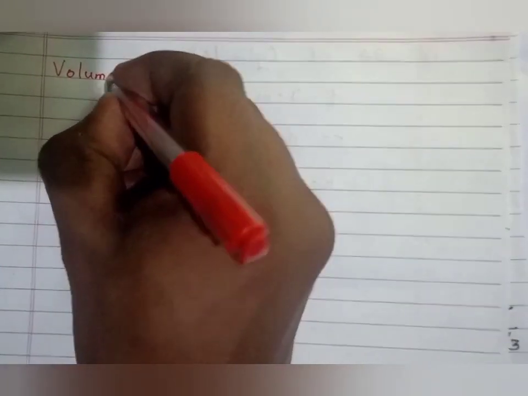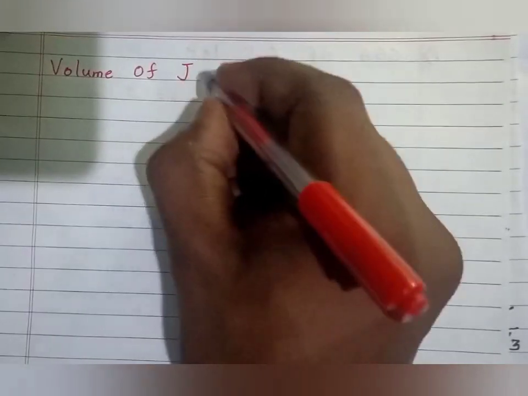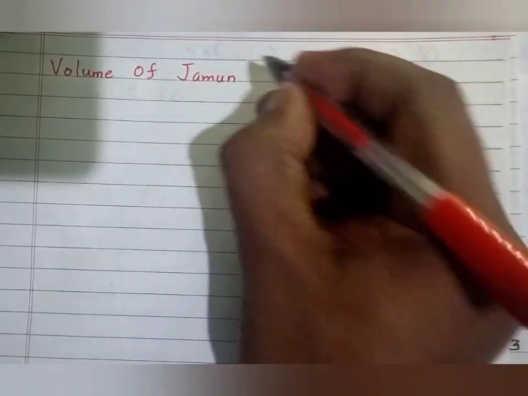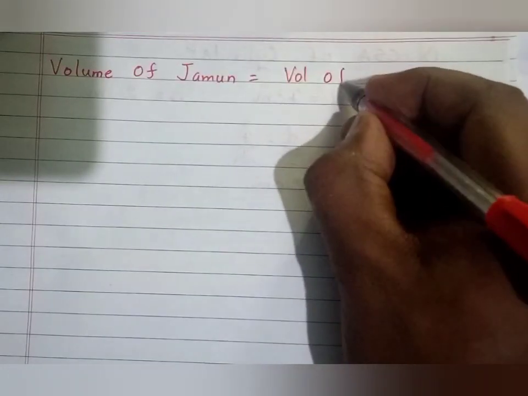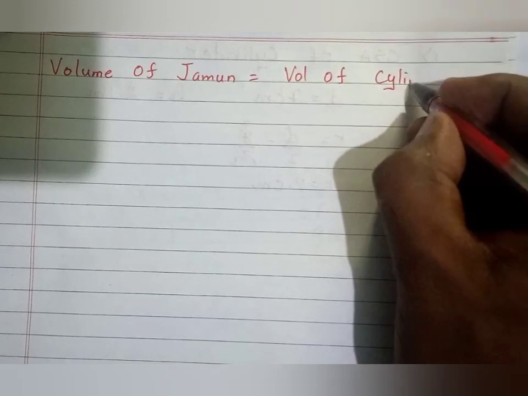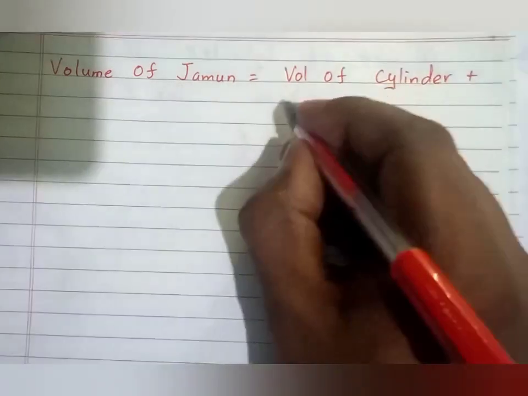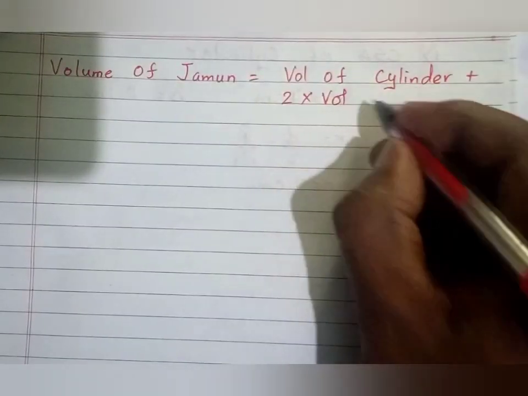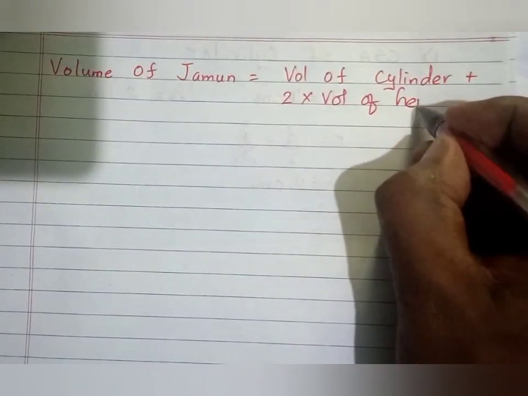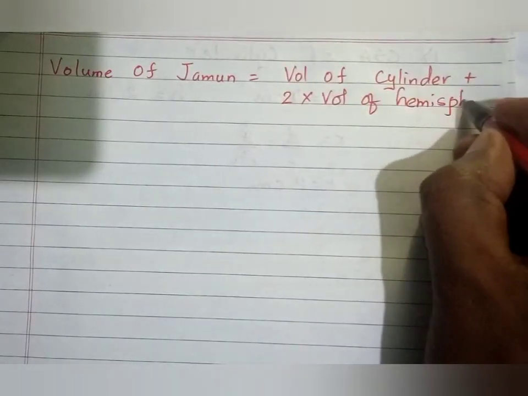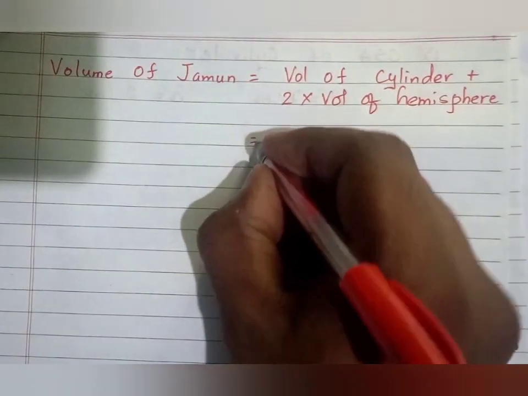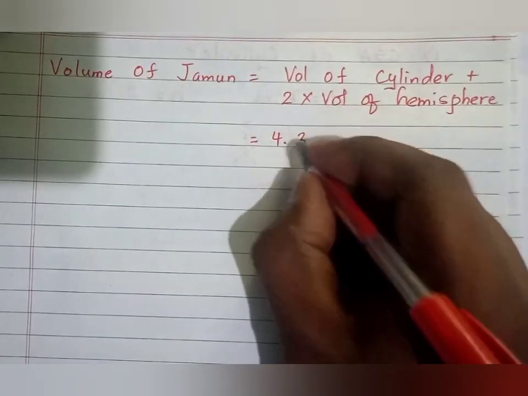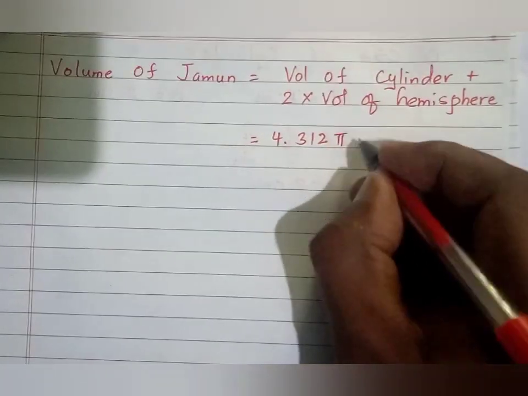Now volume of jamun is what? Volume of gulab jamun is volume of cylinder plus 2 times the volume of hemisphere. The volume of cylinder we have found out is 4.312 pi.